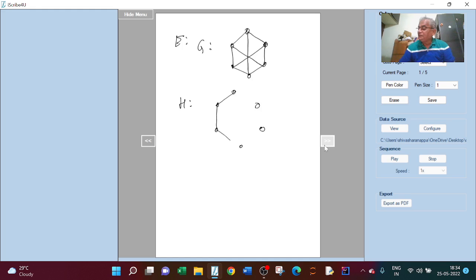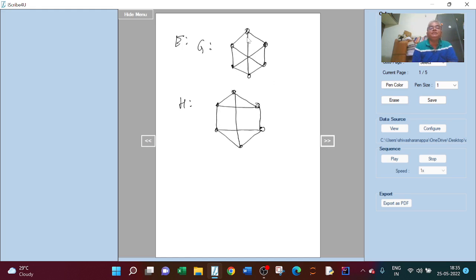Join these vertices. See, these are two graphs here. G consists of 1, 2, 3, 4, 5, 6. H consists of 1, 2, 3, 4, 5, 6. Number of vertices are the same.